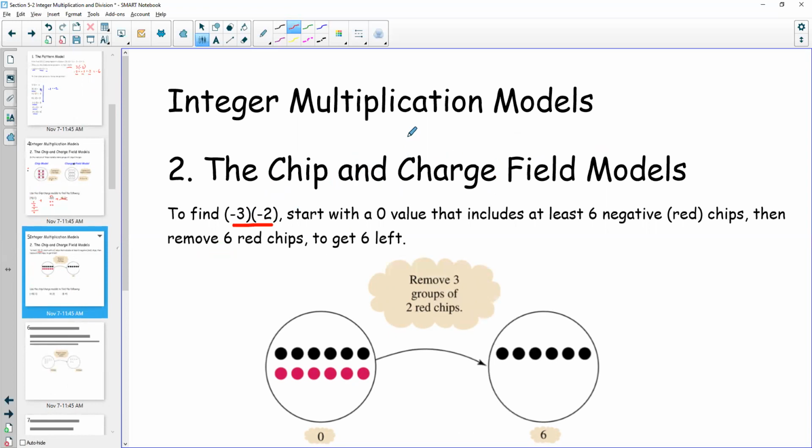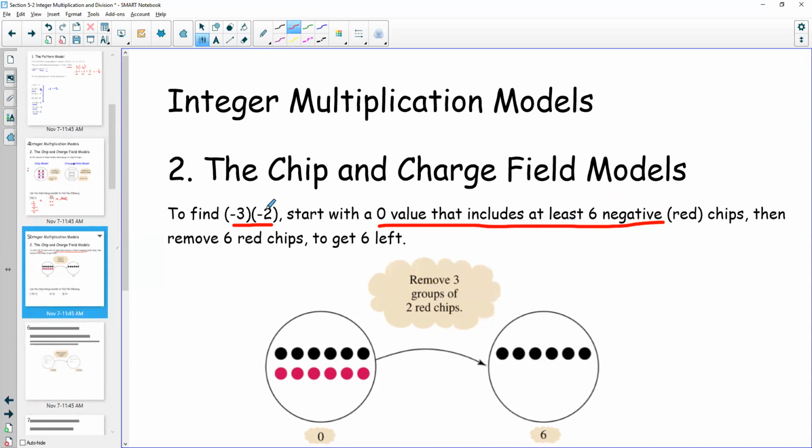So I'm going to start with as many zeros as it takes me to get 6 negative chips, because I know 3 groups of -2 would be -6.